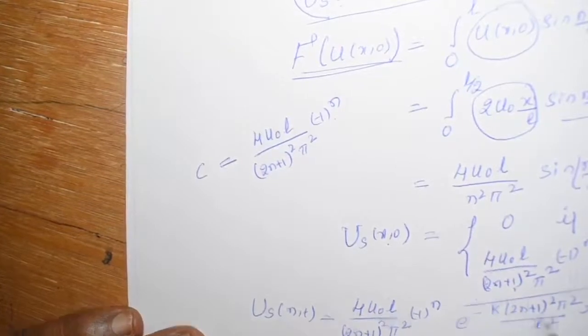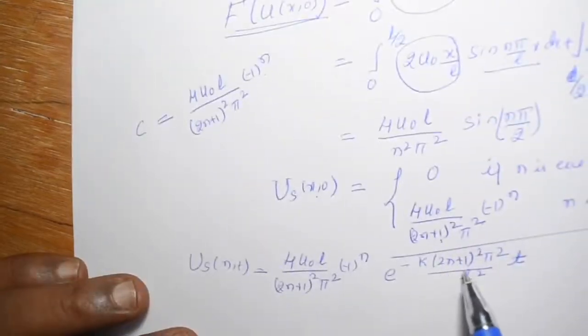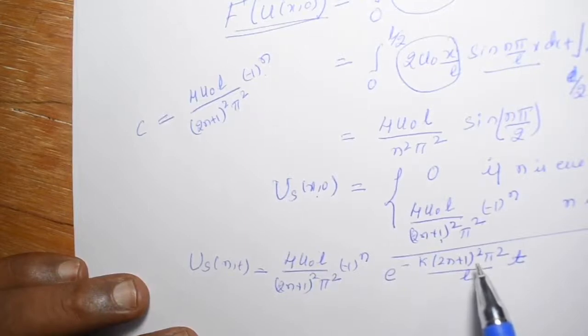While writing the solution I wrote it as n square, but now I am going to write it as (2n plus 1) whole square, because I have chosen the values for odd only. That's why you have to write 2n plus 1 instead of n.